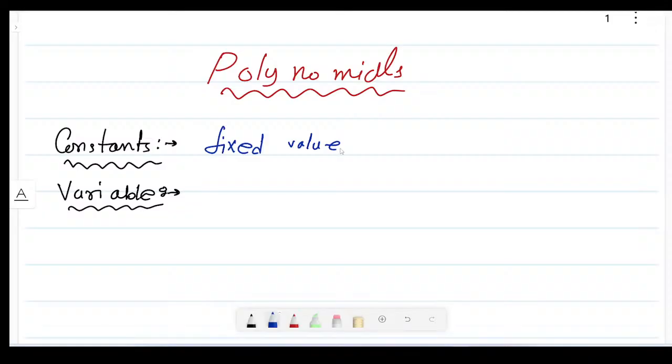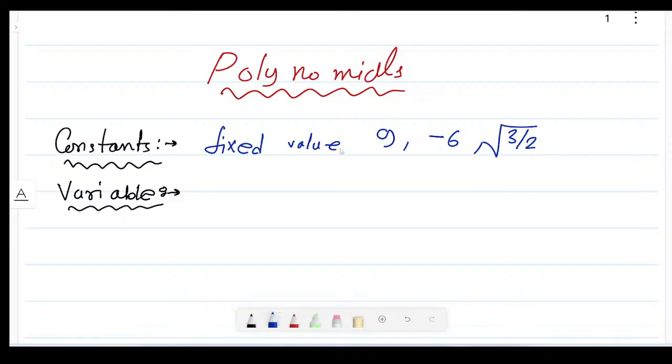Like 9 or -6, or if I take any real field, then it will be 3 by 2, also root over. Okay. And what is a variable?